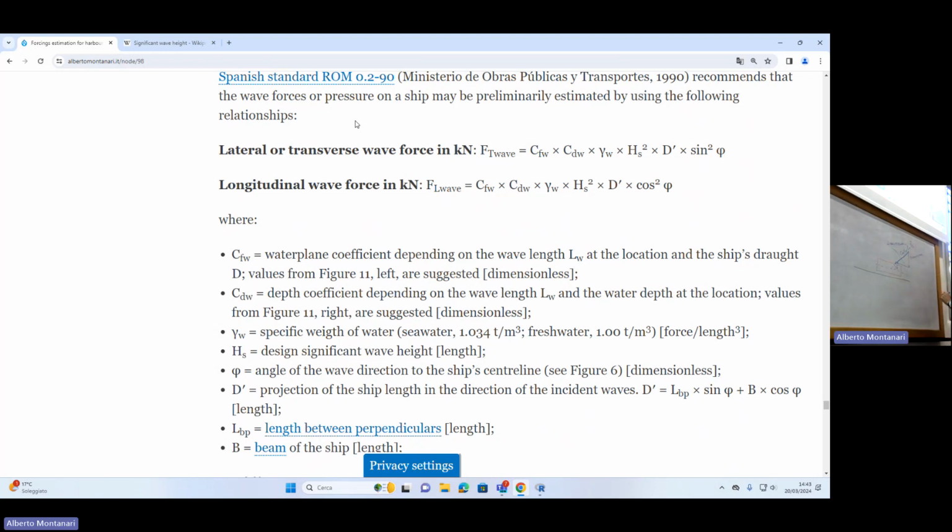And then there is, I think, D1. Let me see what is D1, sorry, D prime. Projection in the direction of the incident wave, okay? So it's D1, D prime. And then the decomposition along the two axes is obtained by multiplying for sin squared and cos squared.